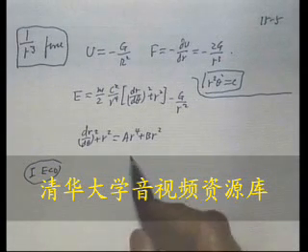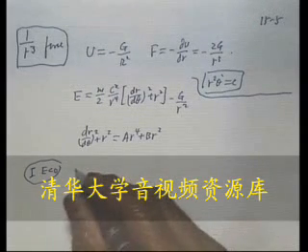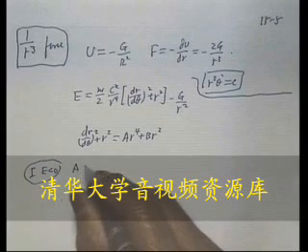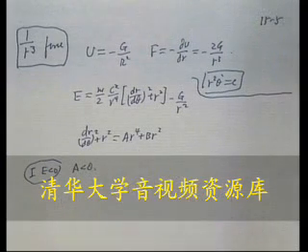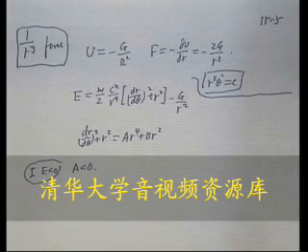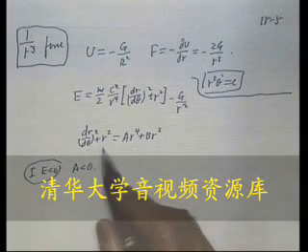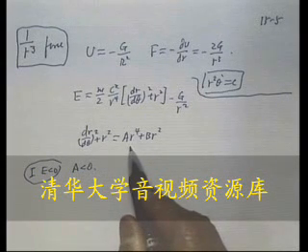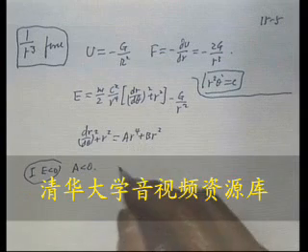In this case, that means A is less than 0, because A is proportional to E. The left side is positive, this is negative, so B has to be greater than 0.